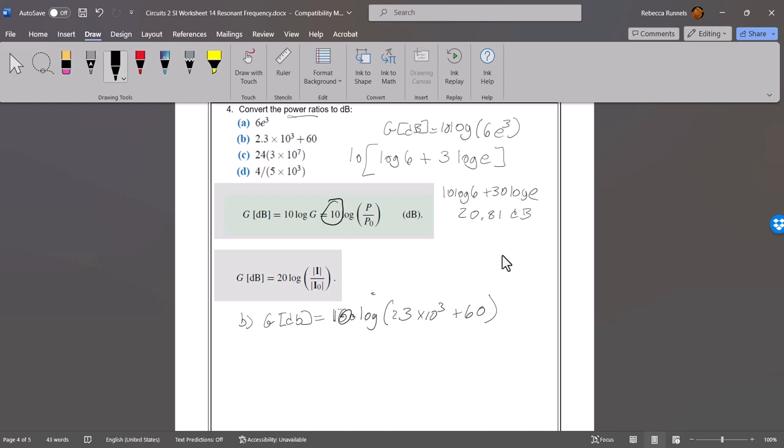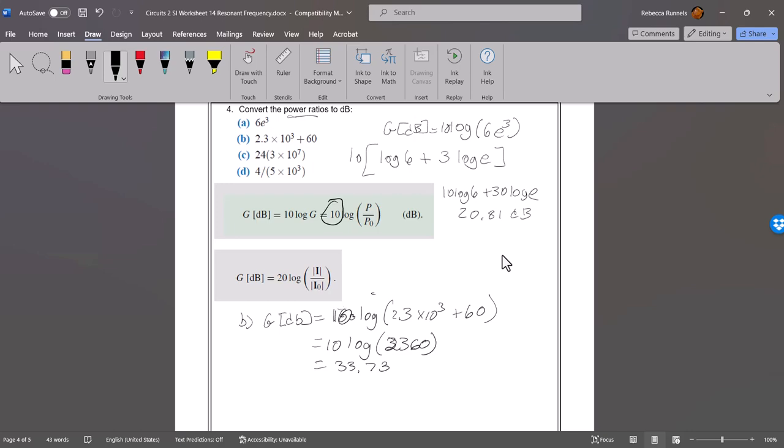It's only when it's multiplied that I can do that, but when it's added, I can't. So I just need to take 2300 plus 60, which is 2360, and then 10 times the log of 2360 is 33.73.